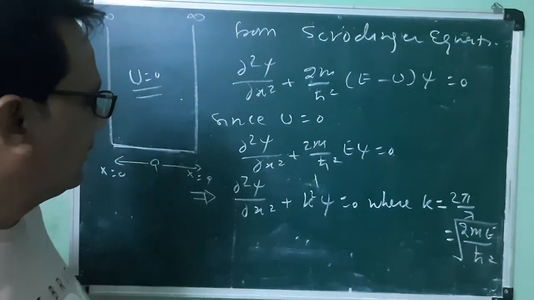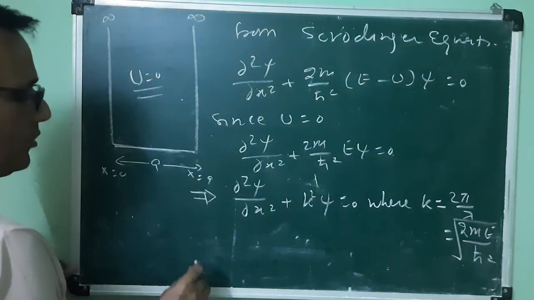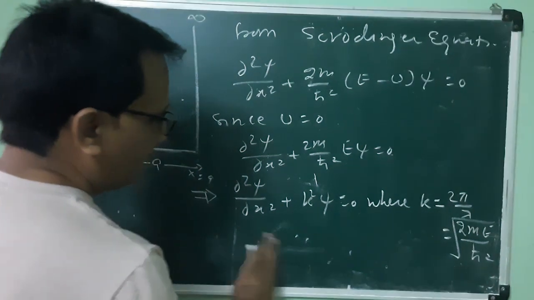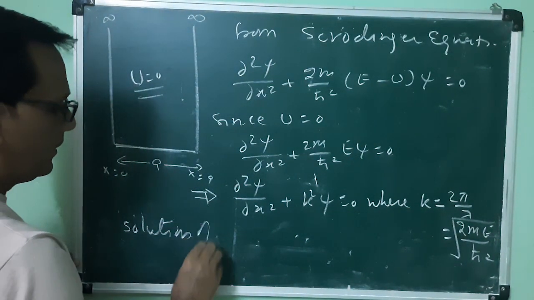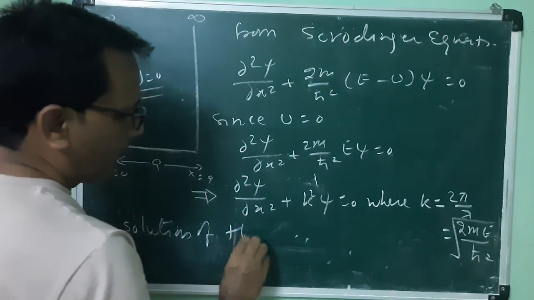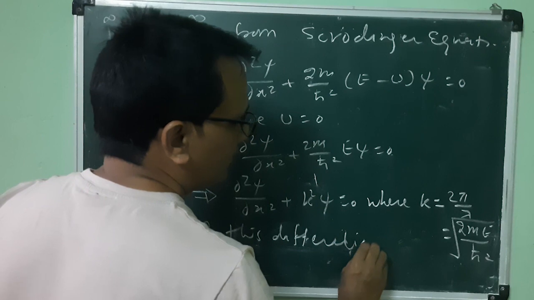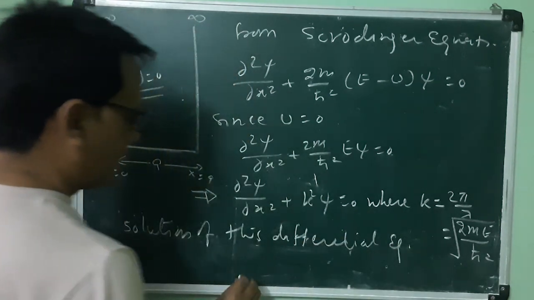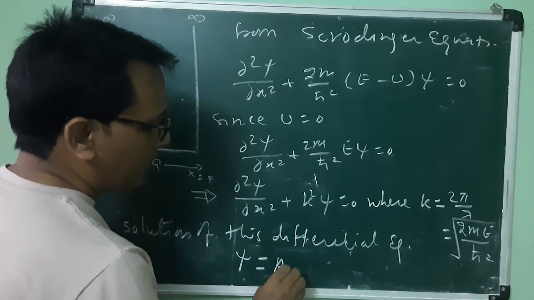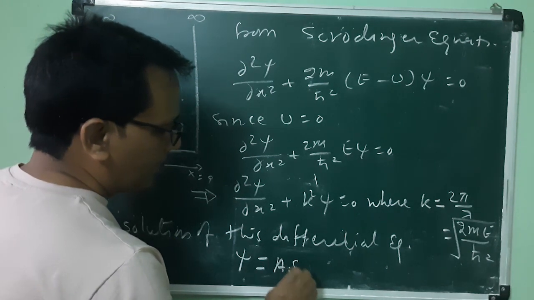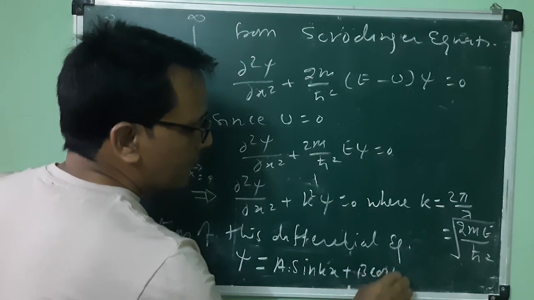So this is the simple differential equation, and the solution of this differential equation is taken as psi equal to a constant A multiplied by sine kx plus B cos kx.